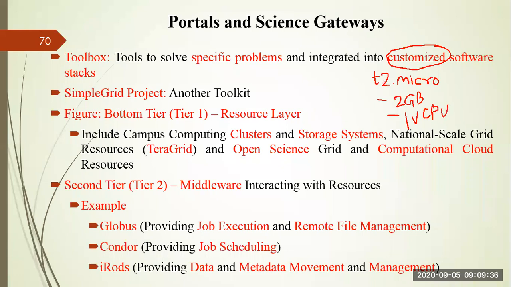These are the basic things provided by t2.micro. But you cannot customize this because t2.micro is already defined. Whenever you create a bucket, the free version will give you, let's say, t2.micro instances. Suppose you require 3 GB instead of 2 GB. Which requires what?